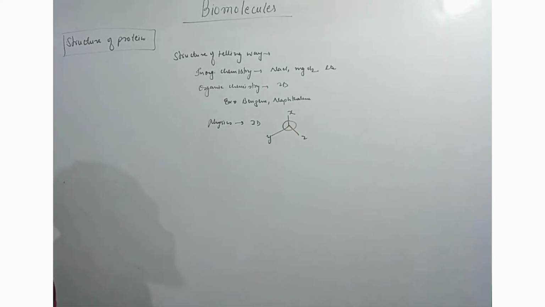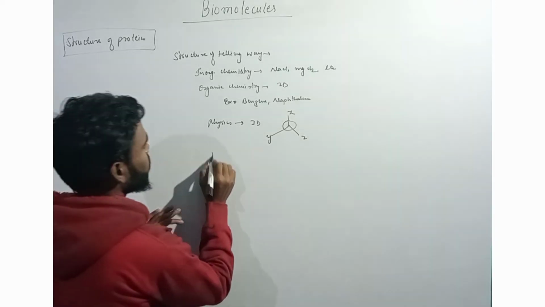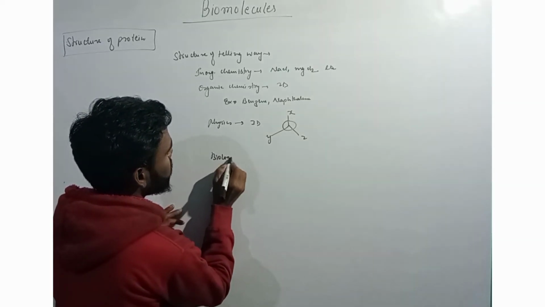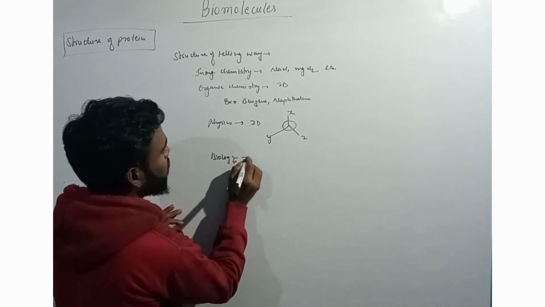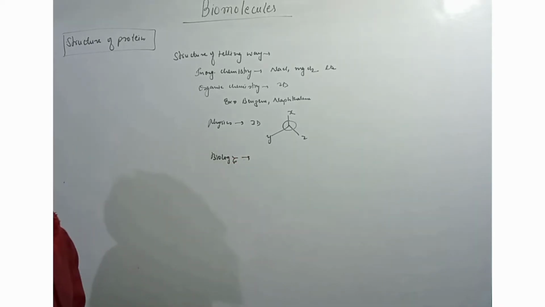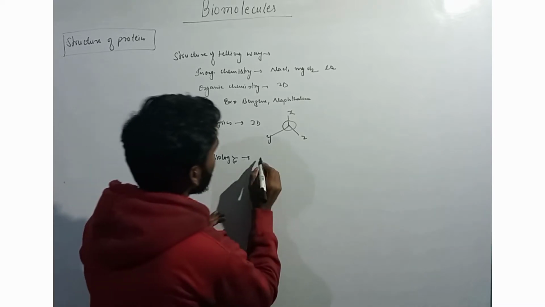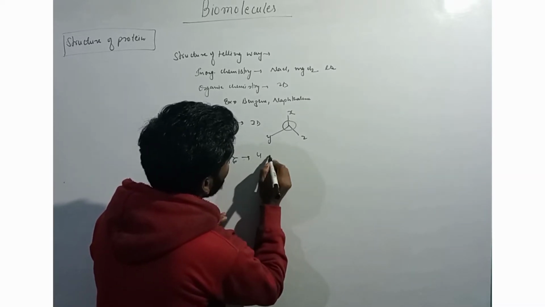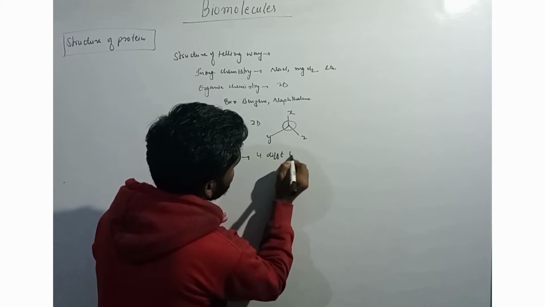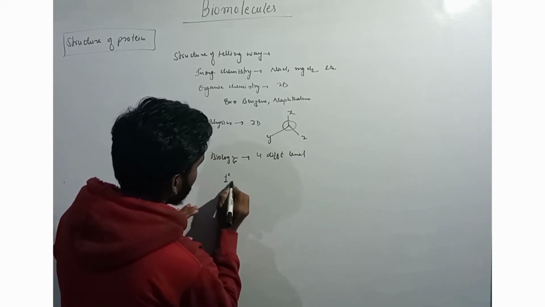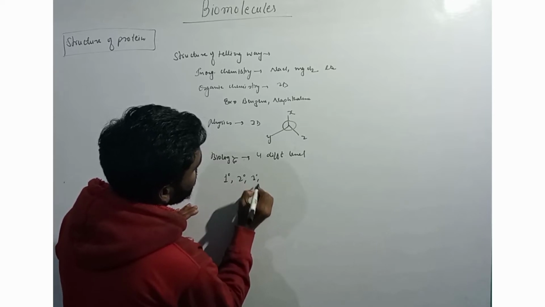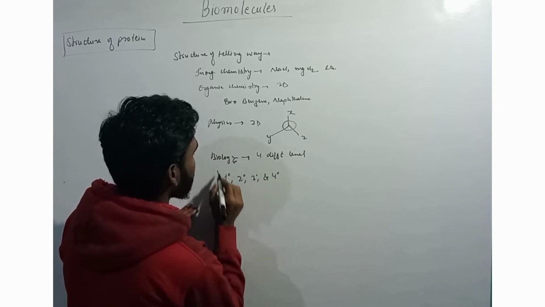But when we come to biology, the way of telling structure is totally different. It talks about 4 different levels: primary, secondary, tertiary and quaternary structure.